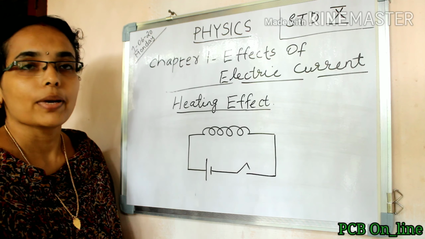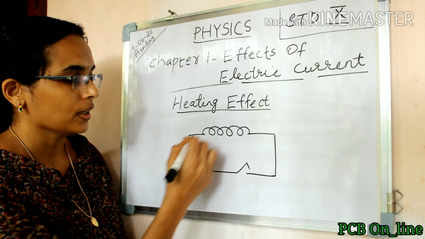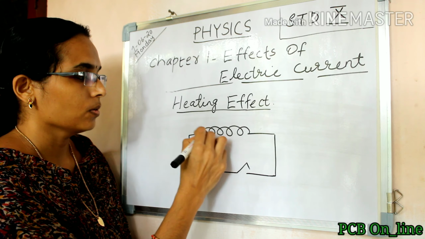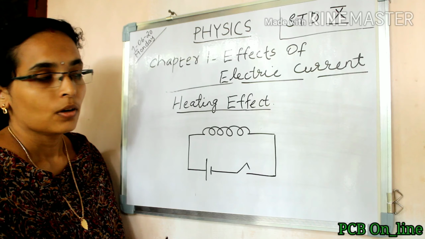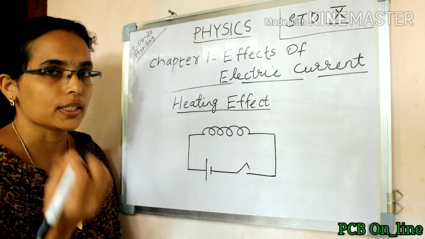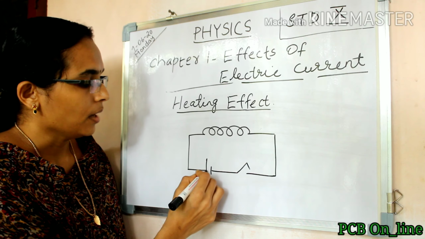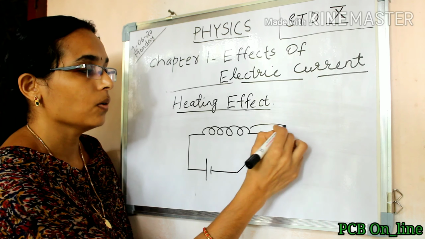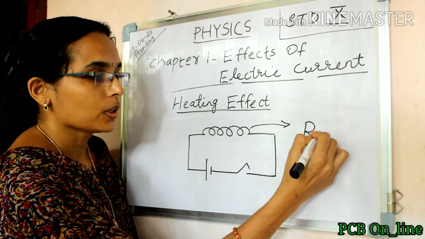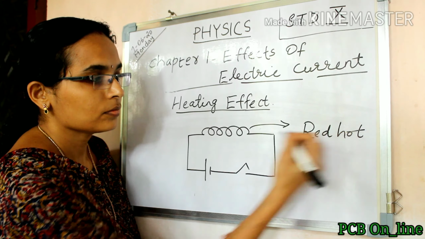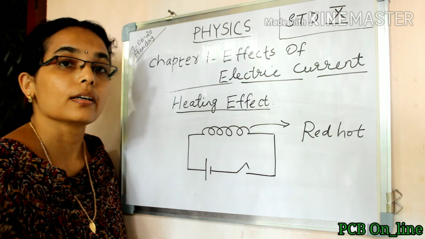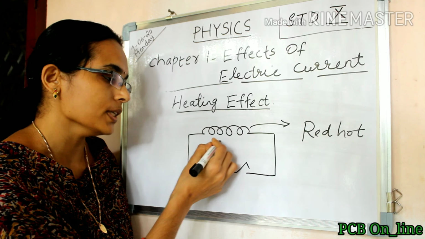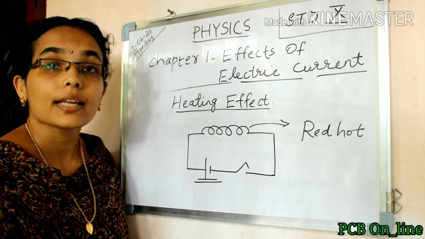Now, when we apply electricity to this nichrome wire, which is a simple wire wound in the shape of a coil, or we can use any nichrome material, we can see that this nichrome wire becomes red hot. How did this wire turn red hot? We know that the only form of energy we have given to this system is electrical energy.